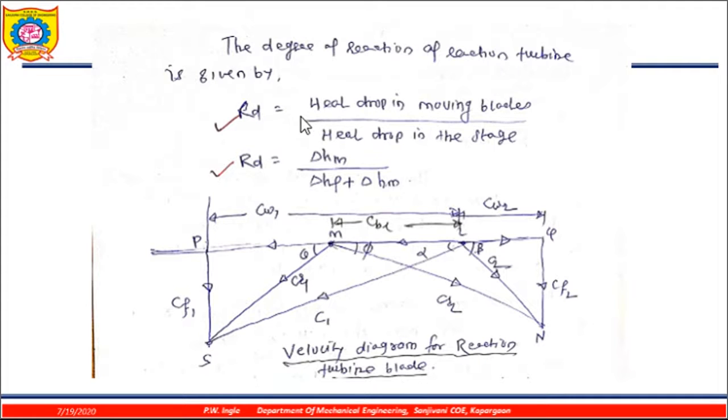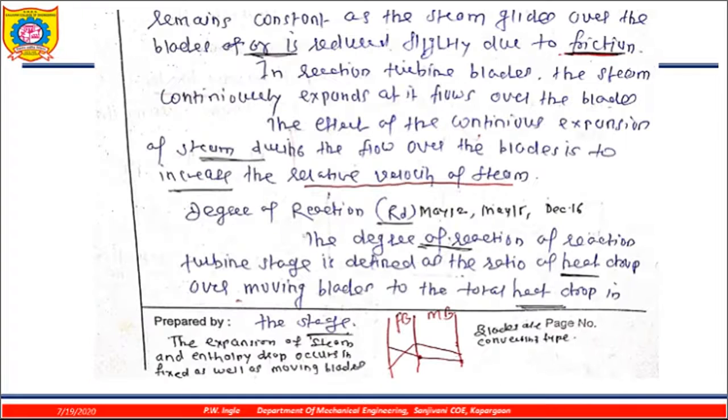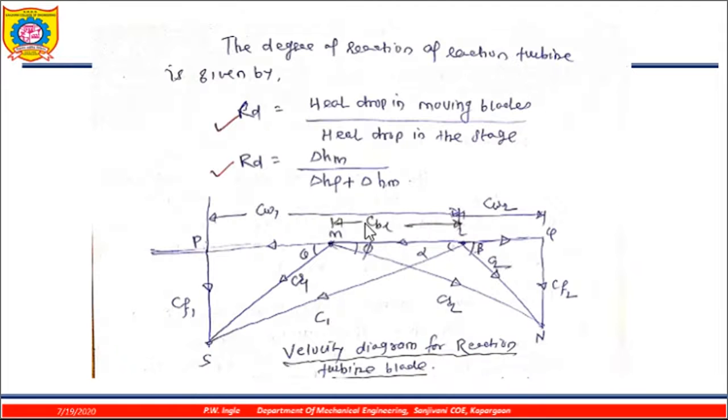So Rd equals heat drop in moving blade upon heat drop in stage, that is delta Hm upon delta Hf plus delta Hm, the enthalpy change in the moving blade upon the enthalpy change in the stage. A stage is nothing but an arrangement of a fixed blade and a moving blade.